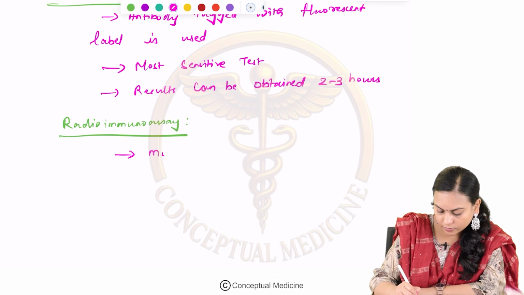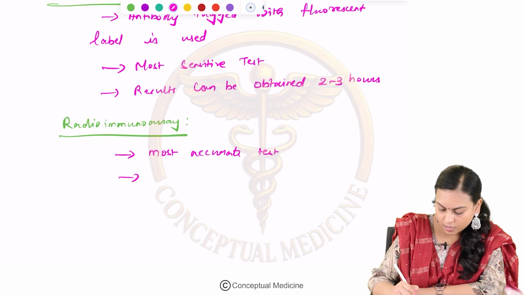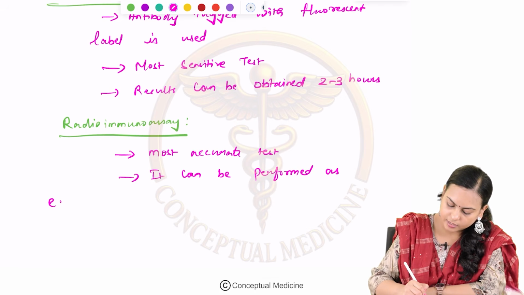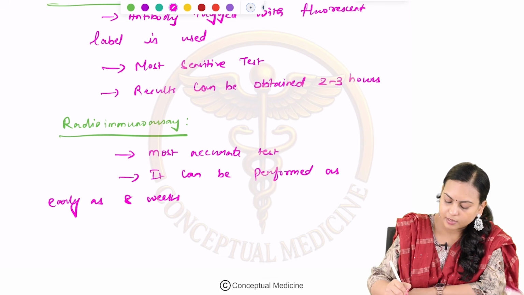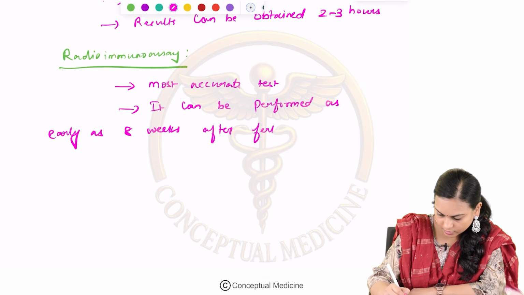This is also one of the most accurate tests and it can be performed as early as 8 weeks after fertilization.